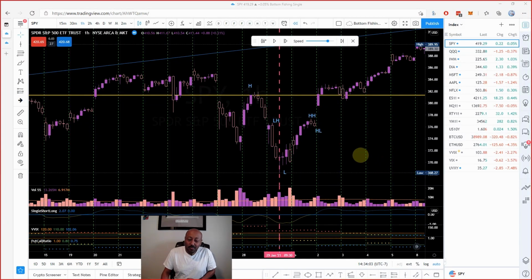So where you break structure is once you form a higher high and a higher low, the next area that breaks the new higher high you made, once you break that area, you have broken structure. And you enter on the next candle.